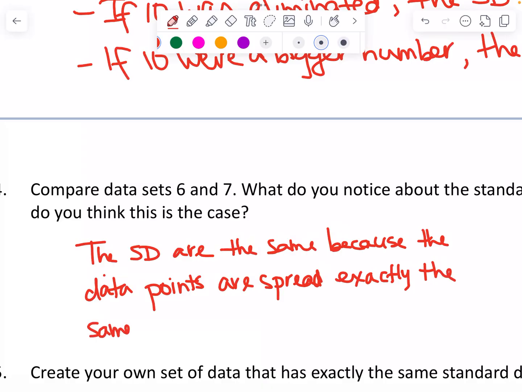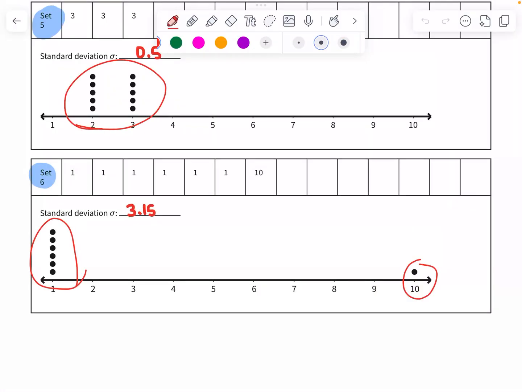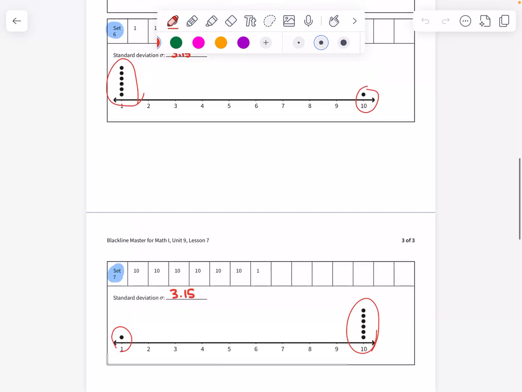If we want to go back and look at those two, right, these was 6 and 7. 6 had 6 dots on 1 and 1 dot on 10, and then 7 was just reversed, 6 dots on 10, 1 dot on 1. All right, let's go ahead and do the next one.